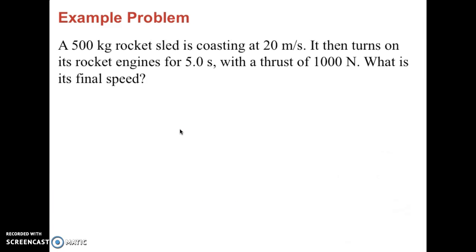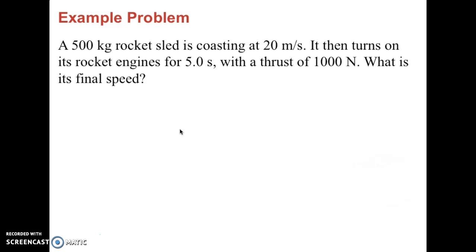All right, and then one of our next example problems, we have a 500 kilogram rocket sled coasting at 20 meters per second, and then it turns on its rocket engines for 5 seconds with a thrust of 1,000 newtons. What is its final speed? Okay, so the same idea here.